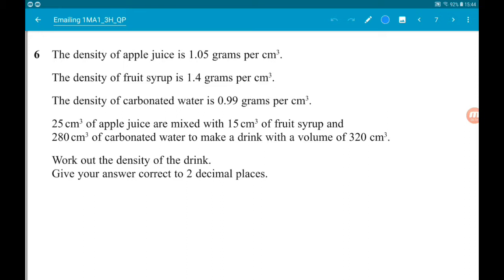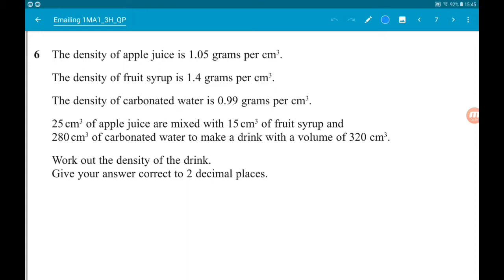The density of carbonated water is 0.99 grams per centimetre cubed. 25 centimetres cubed of apple juice are mixed with 15 centimetres cubed of fruit syrup and 280 centimetres cubed of carbonated water to make a drink with a volume of 320 centimetres cubed. Work out the density of the drink. Give your answer correct to 2 decimal places.